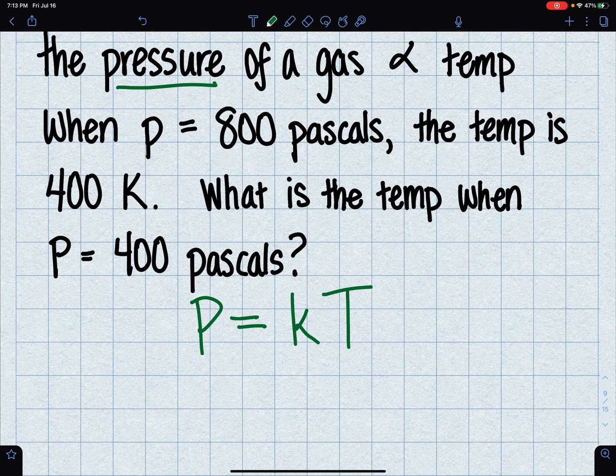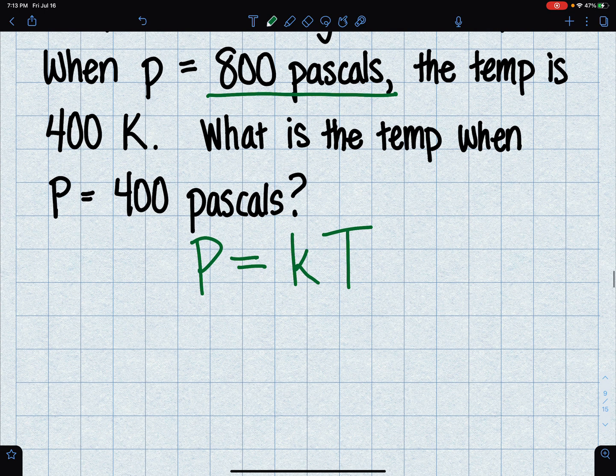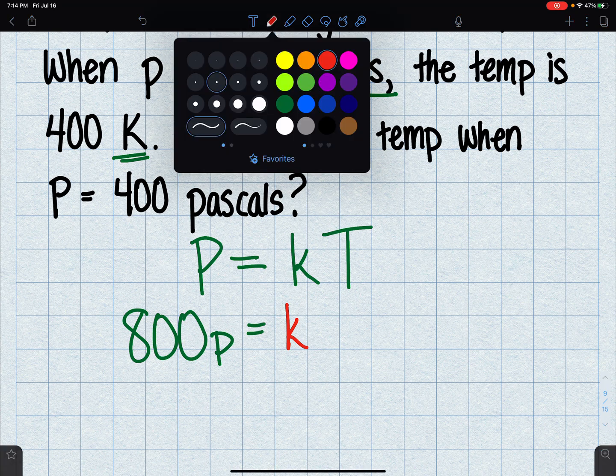Got it. Okay, now they're going to give us information in this first part so we can figure out K. When P is 800 pascals, don't worry too much about the unit. That is a unit of pressure, but you can just write 800 P, okay? The temperature is 400 K. Again, this is another weird unit. It's a unit of Kelvin, and we use that in physics a lot of times, but it doesn't matter because we're using this information to solve for K, okay?